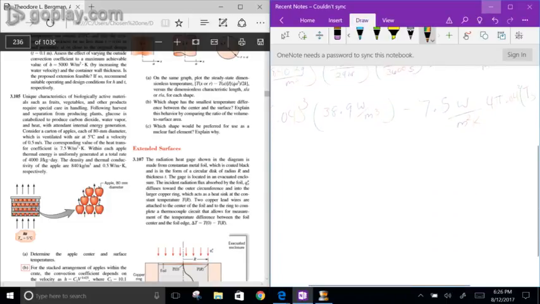Then we can rearrange all that and get T surface. You just move stuff over.